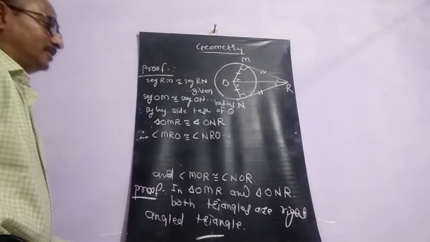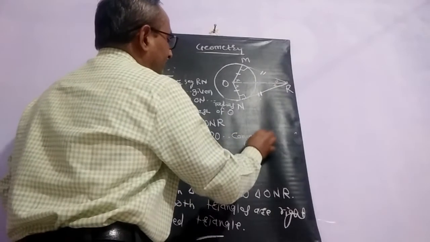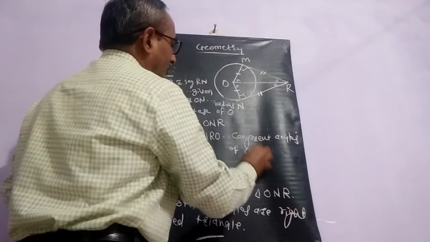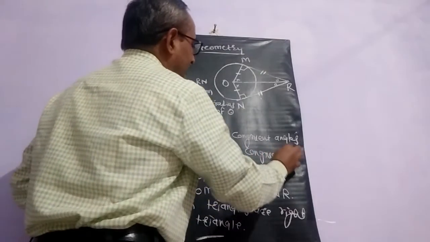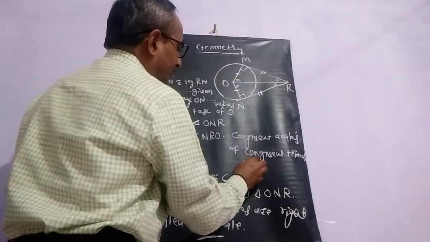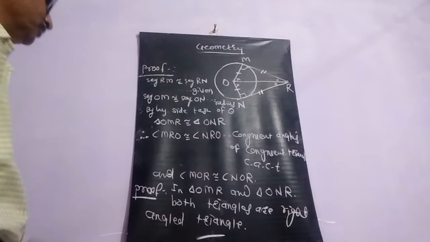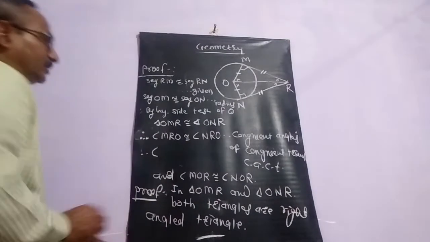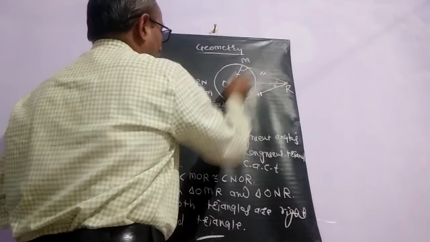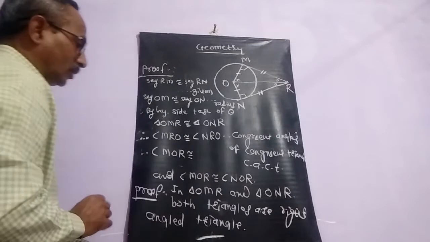What is the reason? Congruent angles of congruent triangles. In short, we can write CACT, congruent angles of congruent triangles. In the same way, angle MOR is also congruent to angle NOR.